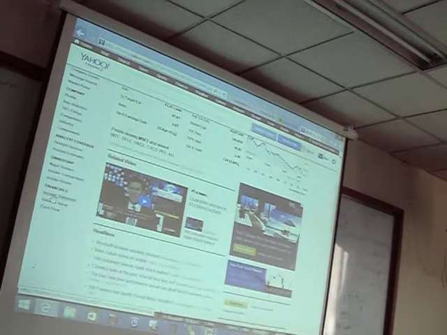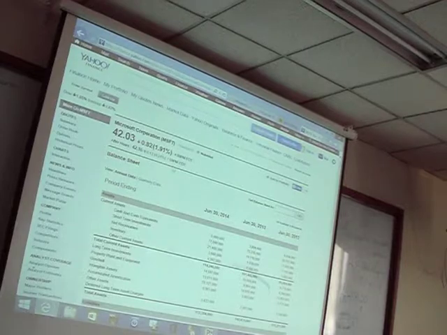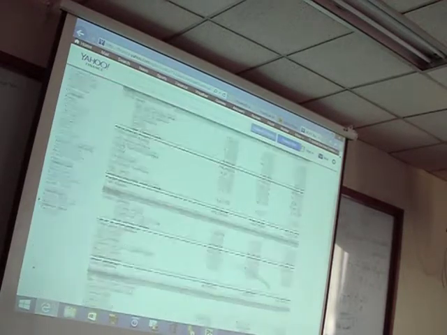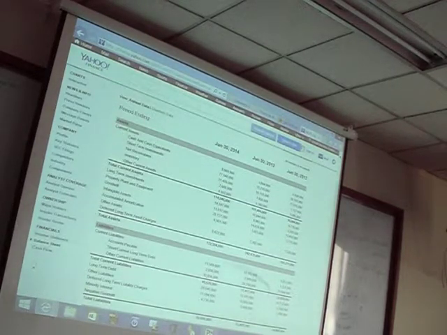Income statement, we just talked about the income statement. Balance sheet, we just talked about the balance sheet, okay? So we click on balance sheet, we talked about that one first. So what can we see in the balance sheet? Assets, current assets, right? What kind of things can we see in Microsoft?